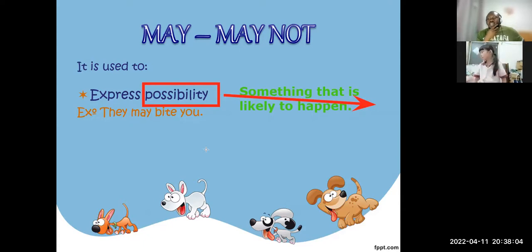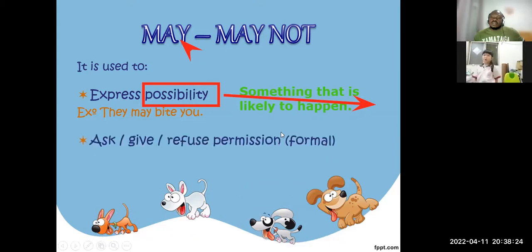So you can say, I may go to France. They may bite you, or they might bite you. Why would they want to? So we can also ask, give or refuse permission in a formal way, in a nice way.